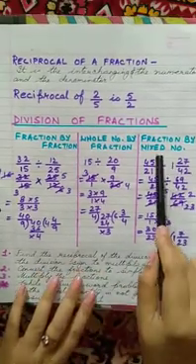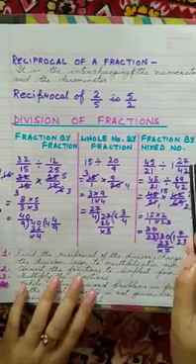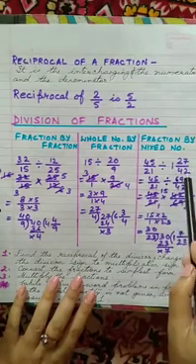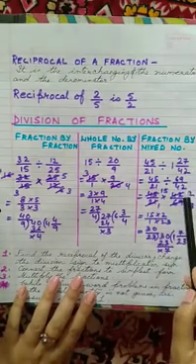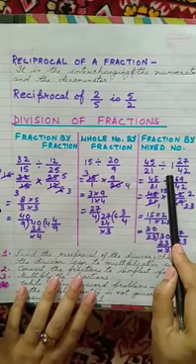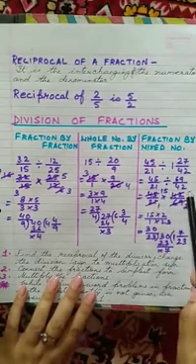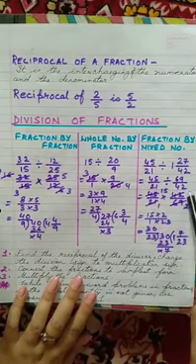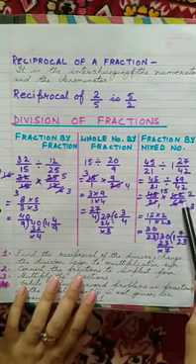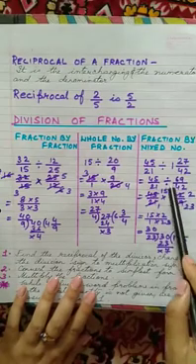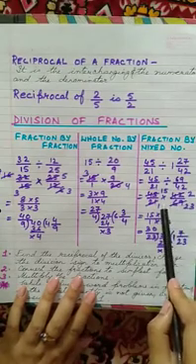Then we have fraction by mixed number. Now we have to change the mixed number to improper fraction. 42 ones are 42 plus 27, that is 69 by 42. Now we have to change this to the reciprocal of it, that is 42 by 69. We change the sign to multiplication.